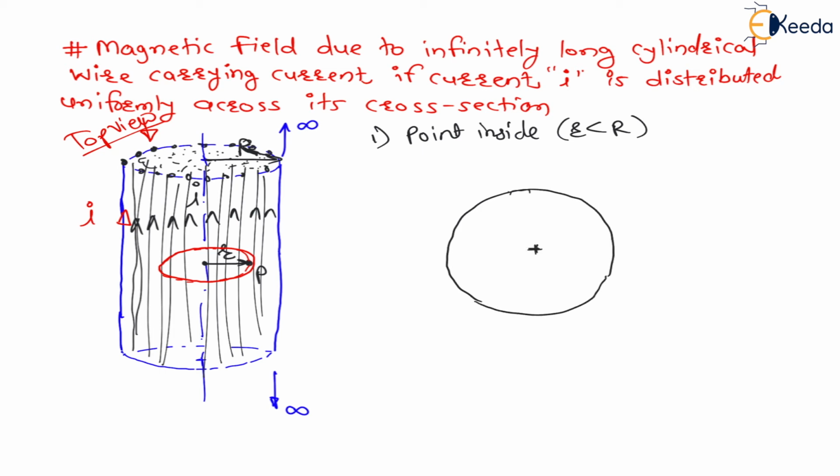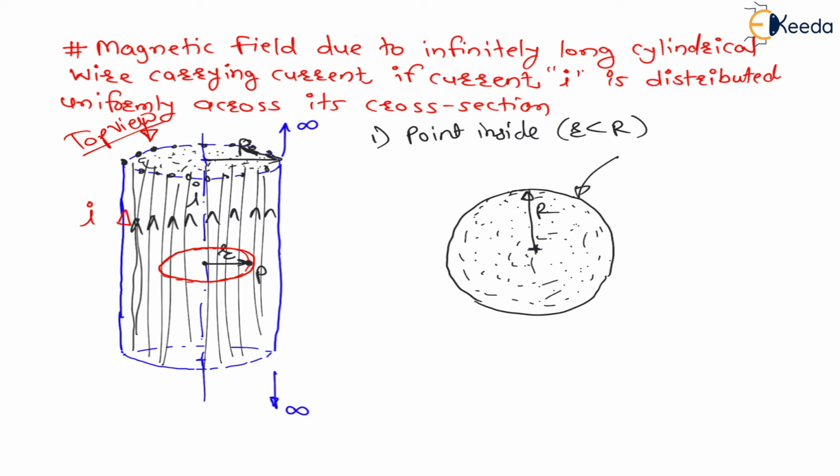Through every point there will be a dot, means through every point in the cylinder, there are n number of small wires, and through every wire the current is coming outside. Dot means coming outside through the surface, and the radius of the wire is capital R.